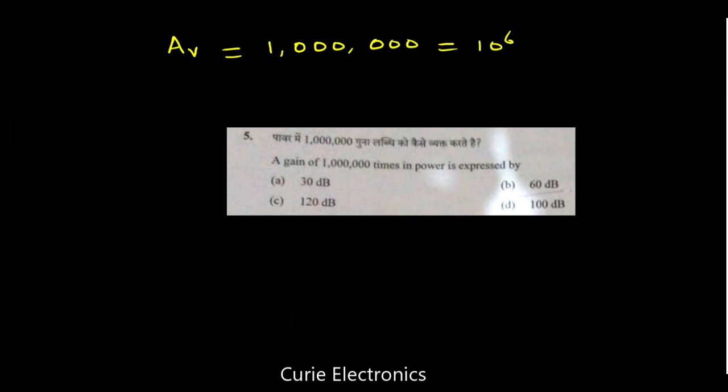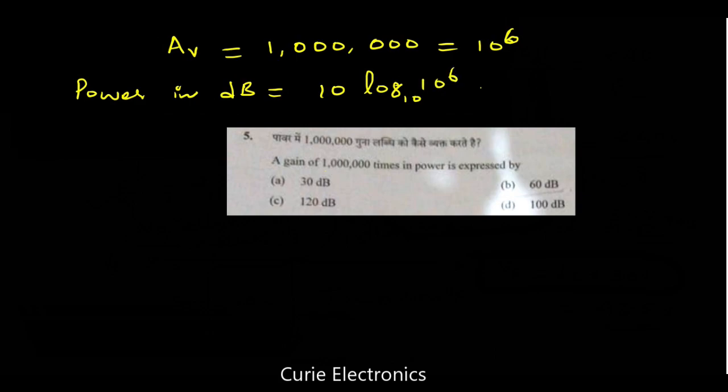But we have to express it in dB. So what is the equation for power in dB? Power in dB equals 10 times log to the base 10, okay, not E, of 10 to the power 6.